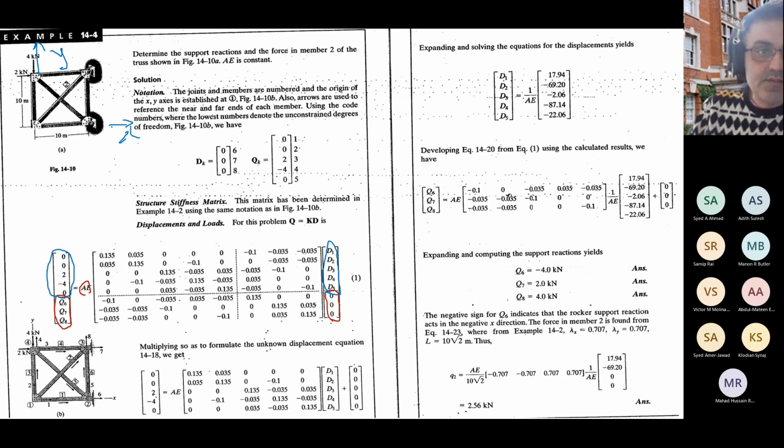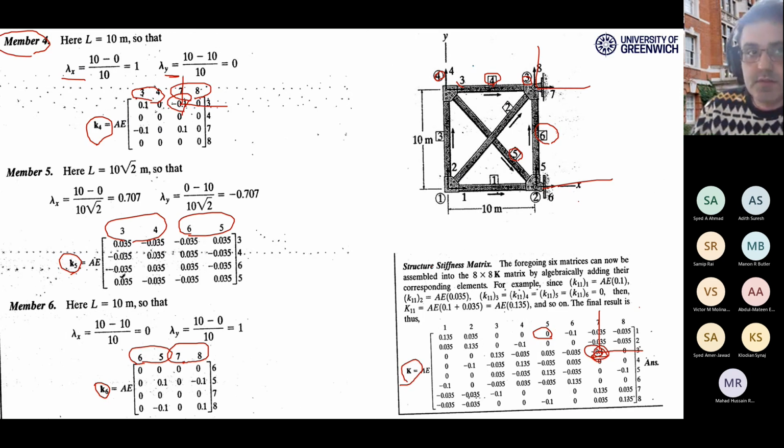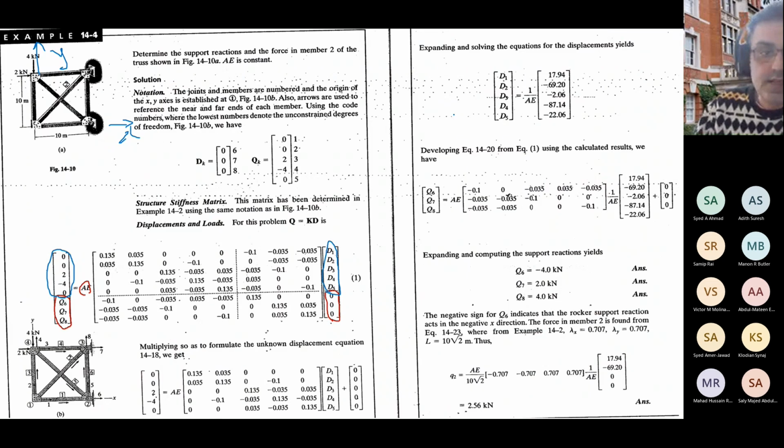So with respect to the coordinate system, F1 and F2 are 0 because they correspond to degrees of freedom 1 and 2. Those forces are applied to degrees of freedom 3 and 4. See, 3 and 4. 3 is in the x direction, 4 is in the y direction. That's why 2 kilonewton sits in the third place.